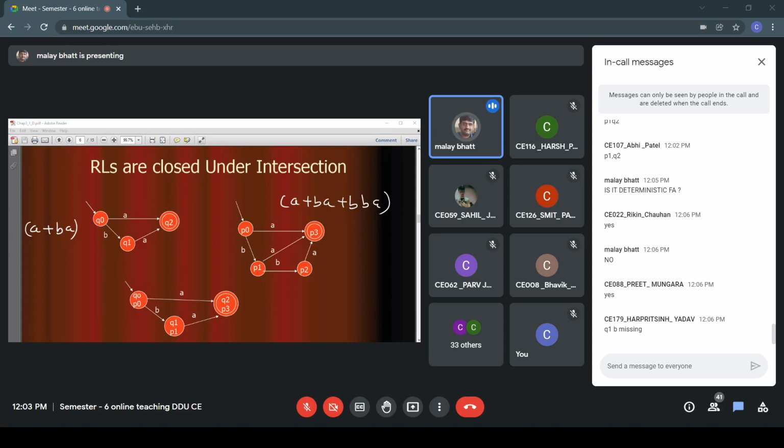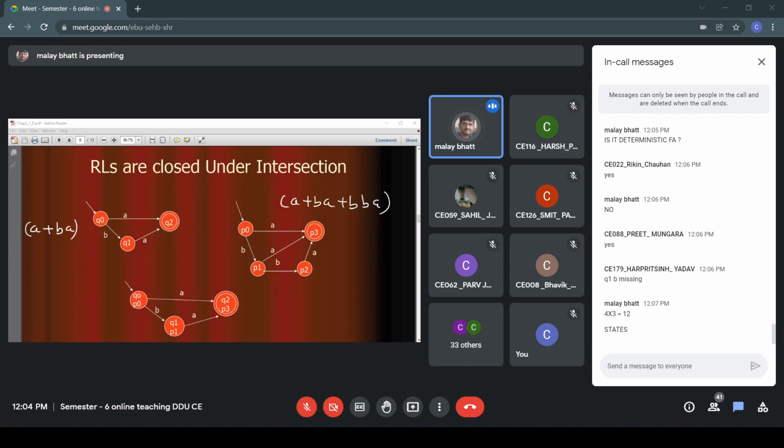So when you perform the intersection, ideally how many states do we have? It is 4 into 3, that is equal to 12. We need 12 states to construct the intersection diagram: 3 states from the L1 language and 4 states from the L2.